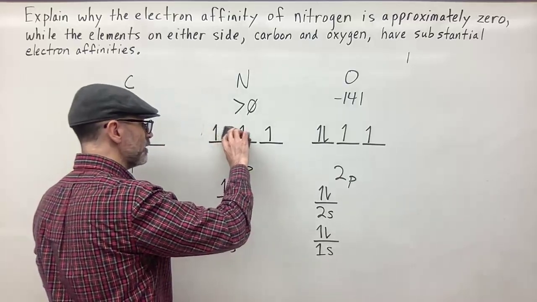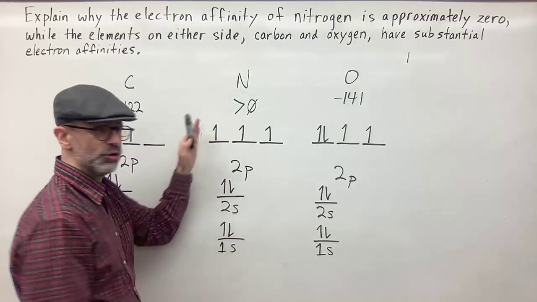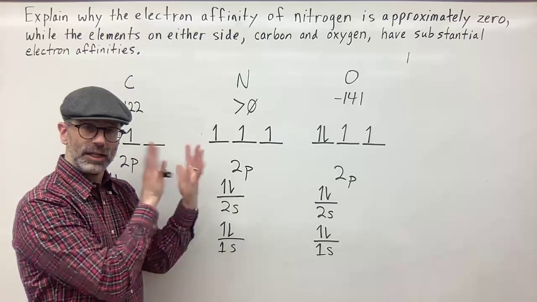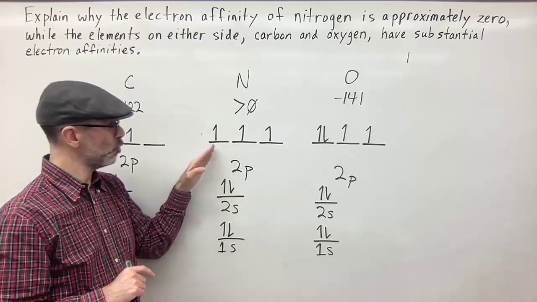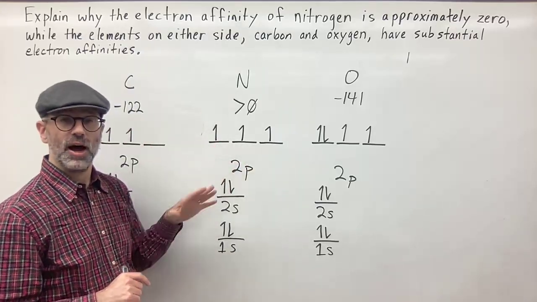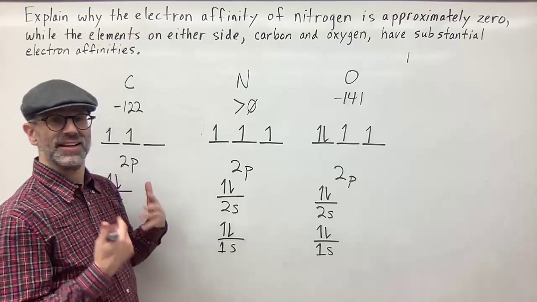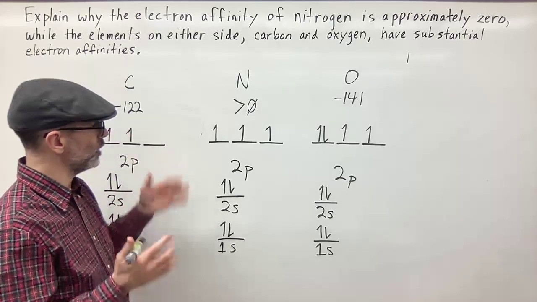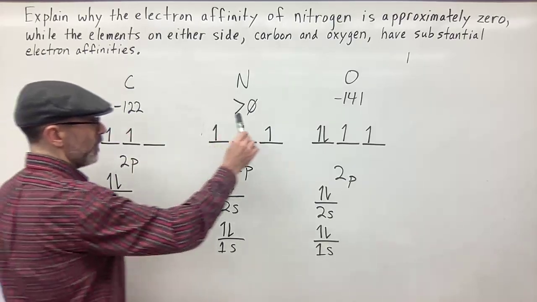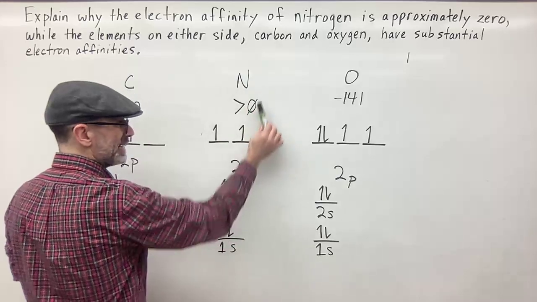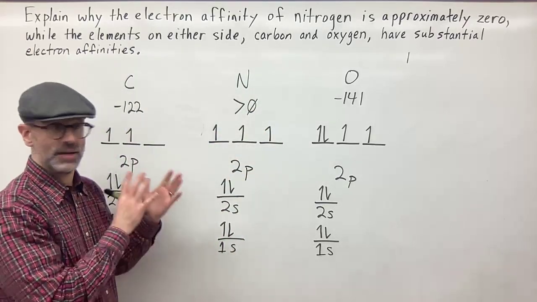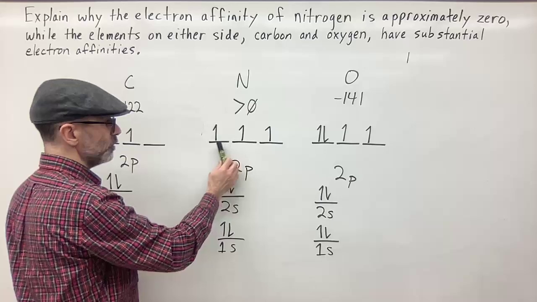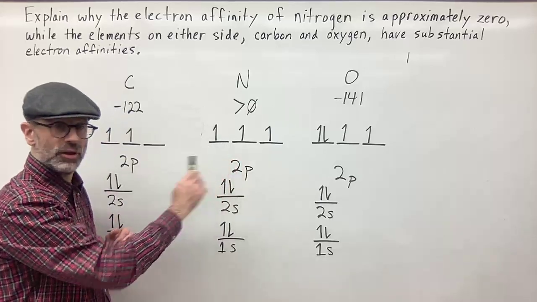So that increase in the potential energy due to the repelling forces when you add another electron into one of these orbitals is going to offset the electron affinity that you would normally have. So that's going to give you a zero or a slightly positive electron affinity because of that repelling force, right?